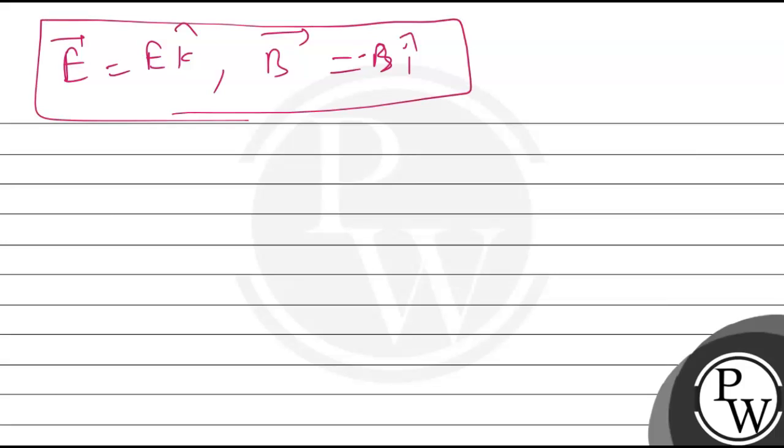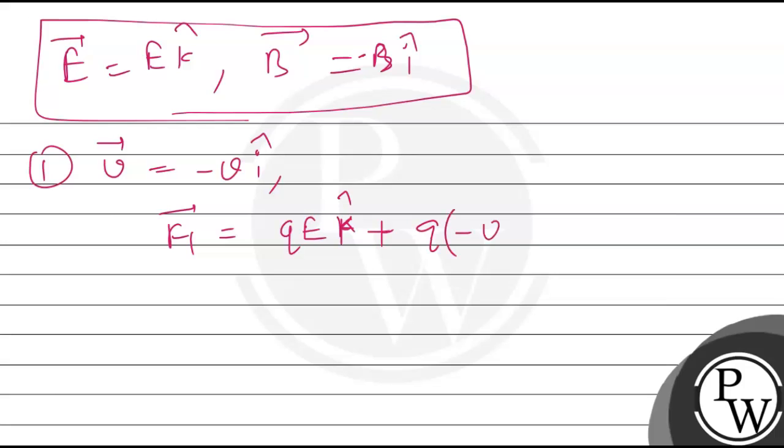Now let us calculate the force for all the four cases. For case number 1, where the velocity vector is given as minus V i cap, we can write F1 is equal to QE k cap plus Q velocity vector minus V i cap cross B, which is minus B i cap.